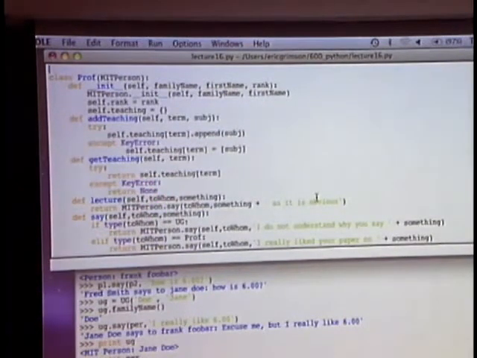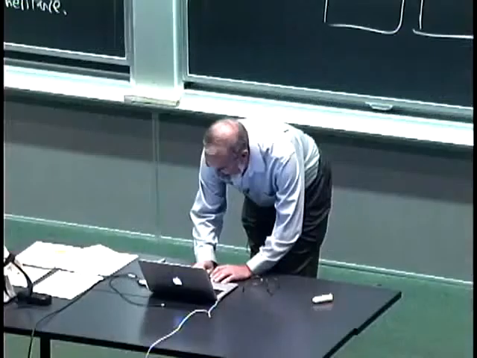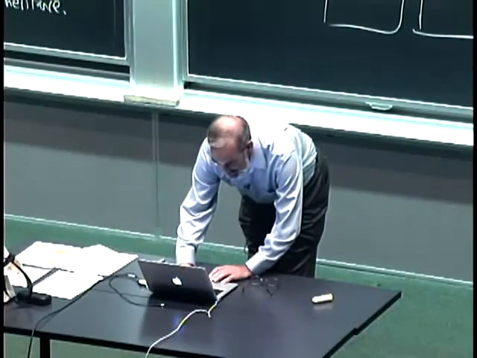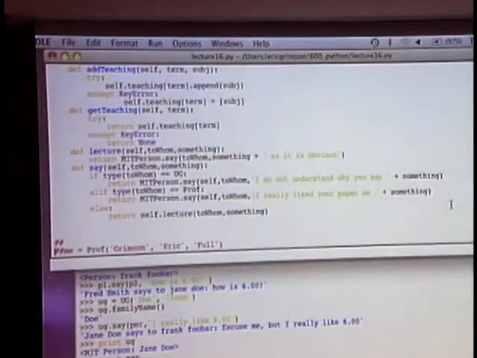Okay? And then the other two pieces we're going to have here, we want to look at a little more carefully. I just wanted to show you that example. A professor can lecture, and a professor can say something. Look at the say method, because this now adds one more nuance to what we want to do here.